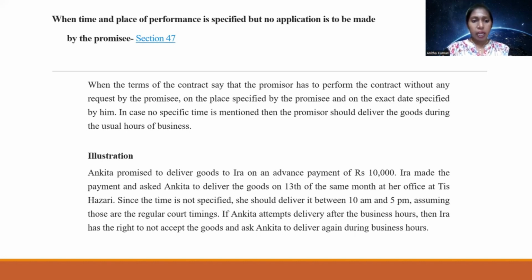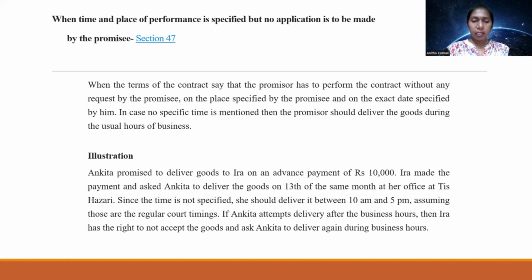Ira made the payment and asked Ankita to deliver the goods on the 13th of the same month at her office. Since the time is not specified, she should deliver it between 10 a.m. and 5 p.m., assuming those are the regular office timings. If Ankita attempts delivery after business hours, then Ira has the right not to accept the goods and ask Ankita to deliver again during business hours. So you could understand what I'm trying to say.